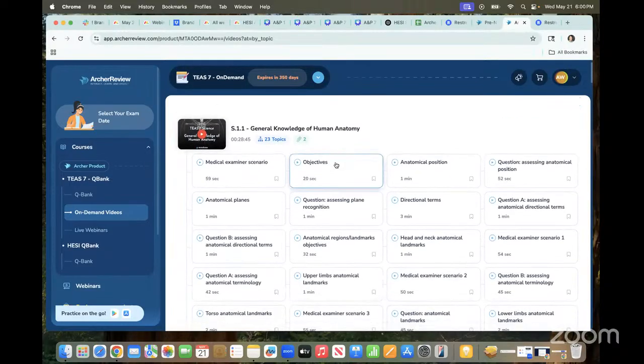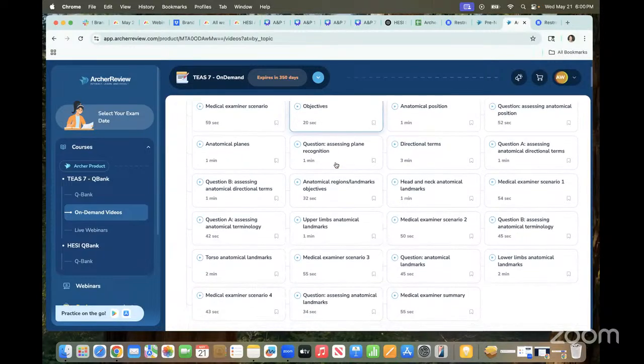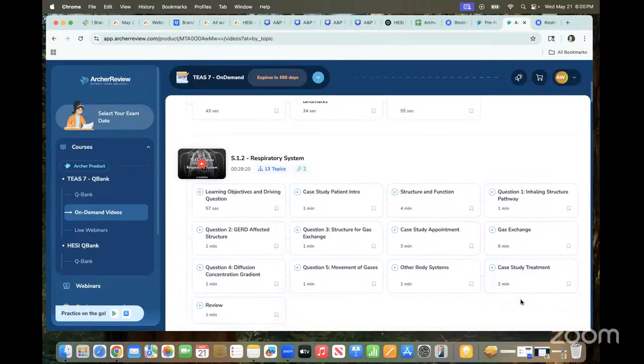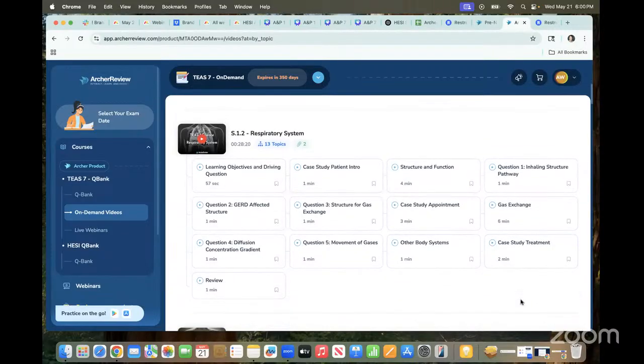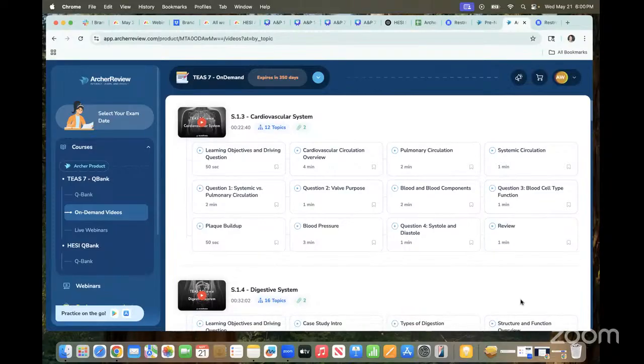And when you go to our on-demand videos, what we mean by on-demand is, truly, you can go to the different areas that work best for you. So in the cardiovascular system, let's say pulmonary circulation I know really, really well. Gosh, is that systemic though? It's when that blood leaves the lung, comes back to the heart, needs to go to the body. I get that mixed up. So I just want to go to that portion of the video.